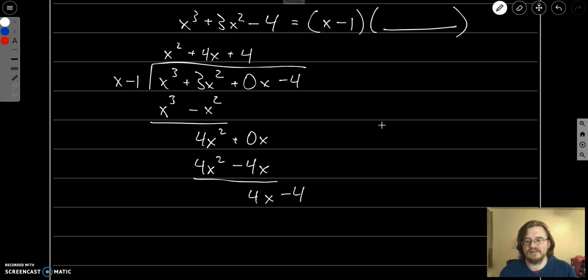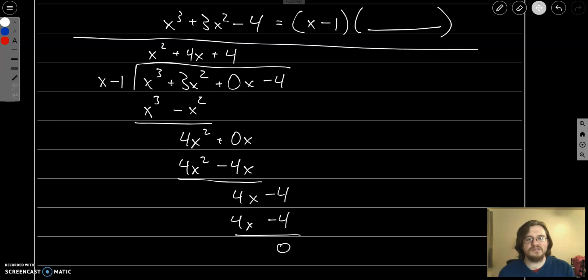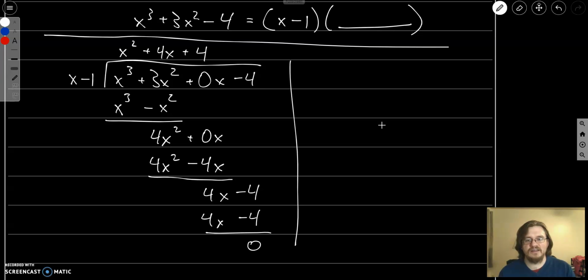So 4 times x, 4 times -1, we have a remainder of 0, which is good. So all of this was done for the following reason. I can now say that x cubed plus 3x squared minus 4 is equal to x minus 1 times x squared plus 4x plus 4.